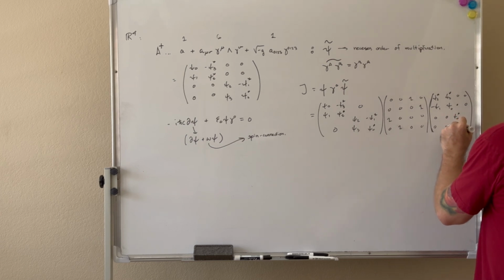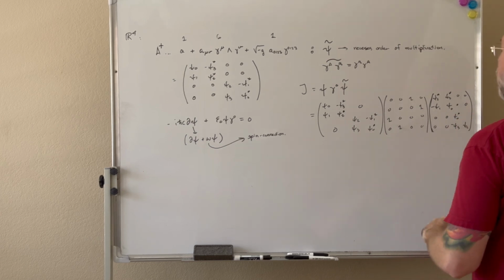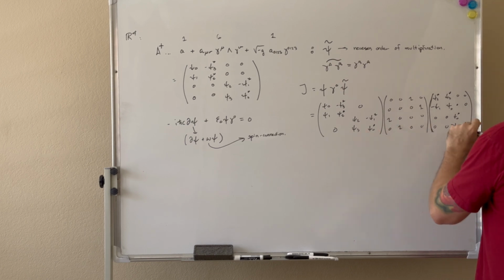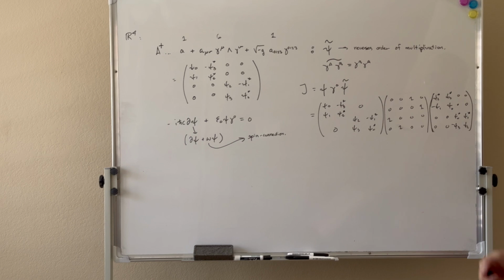Minus psi 3, right? Psi 3 times psi 1 star, okay. Yep, that's what it is. And if you really want to do that exercise to prove that you can, trust me, bro.